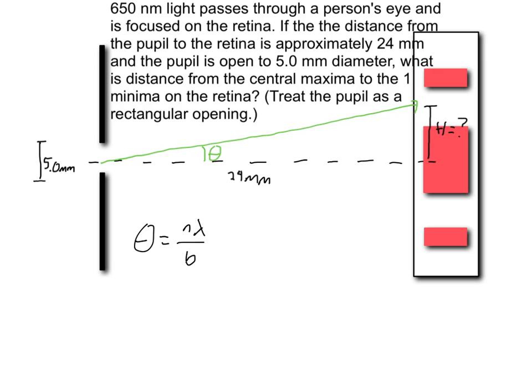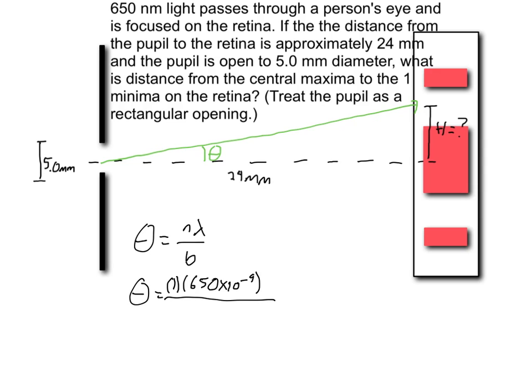So if you need to remember it this way, the maximum equation for two slit and diffraction gratings becomes the minimum equation for single slit. So theta equals, I'm going to my first order, lambda, 650 nanometers. That's 650, and nano means times 10 to the negative ninth. Not worrying about putting it in proper scientific notation, my calculator will take care of that.